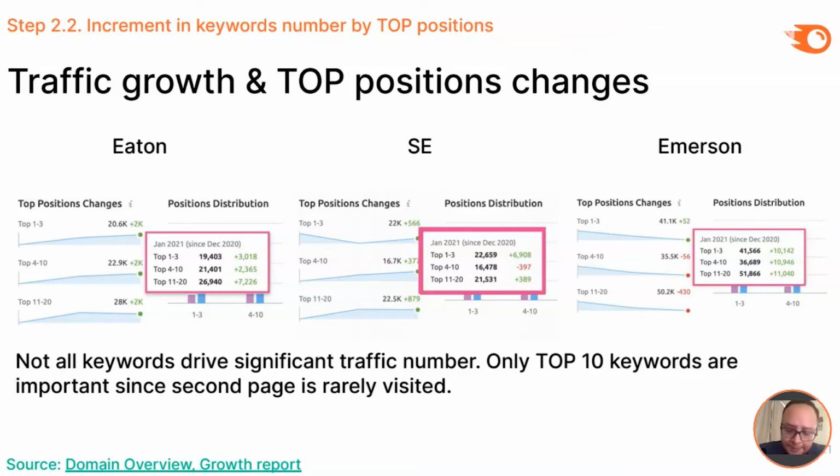The most important positions for us are the ones that are on the first page of Google. But even beyond that, the most important positions for every single company are the top three places: position one, two, and three. Why is that? Because of the so-called SERP features.